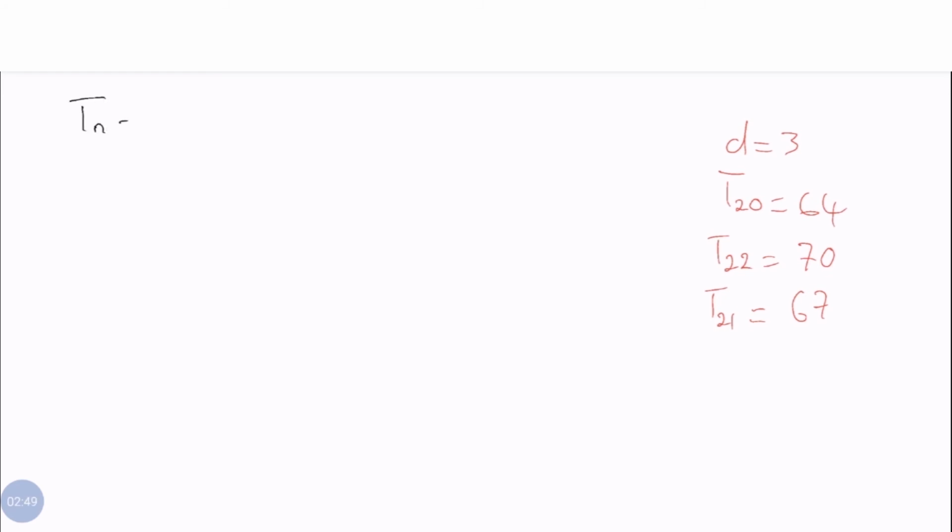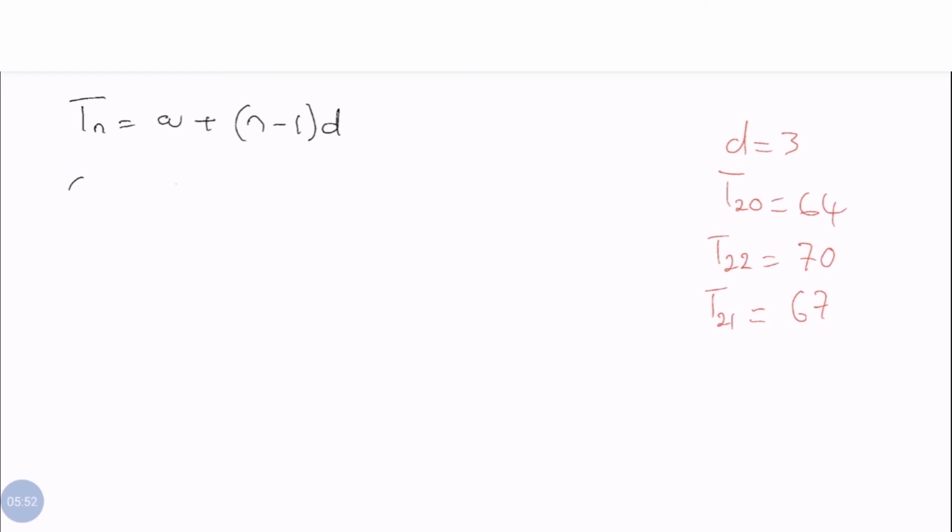Tn is equal to A plus bracket n minus 1 multiplied by d. In this case, we already know our d, but we don't know our A. We'll use T20.